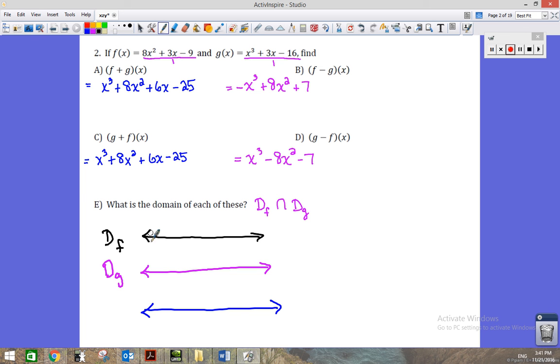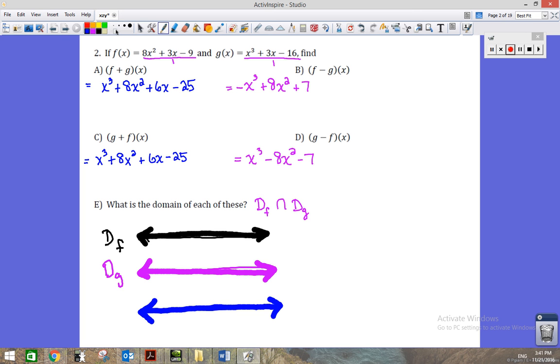Well, to be in the intersection, you have to be in both sets. But all of the real numbers are in this set, and all of the real numbers are in this set. So all of the real numbers are in both sets. So that's our answer in E, the domain for all four of these, for part A, part B, part C, and part D, the domain is all real numbers. Hope that helps.